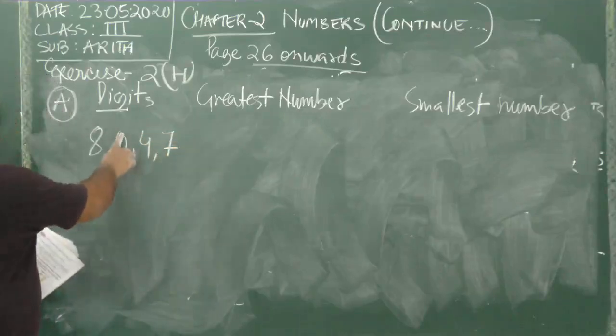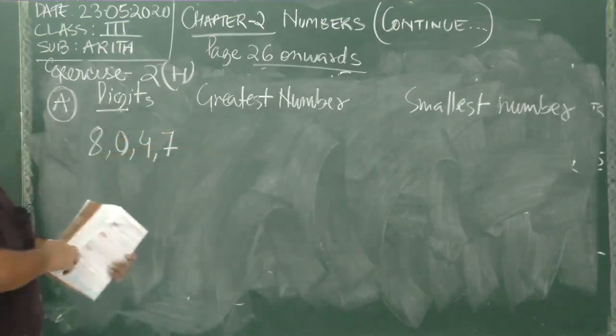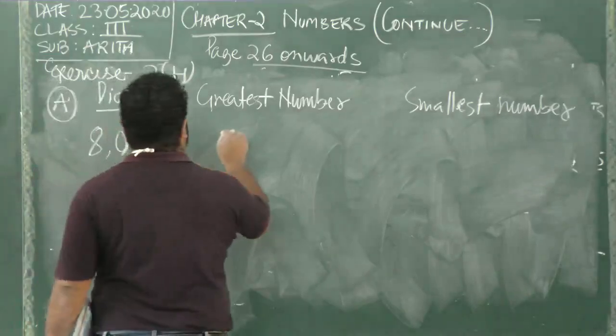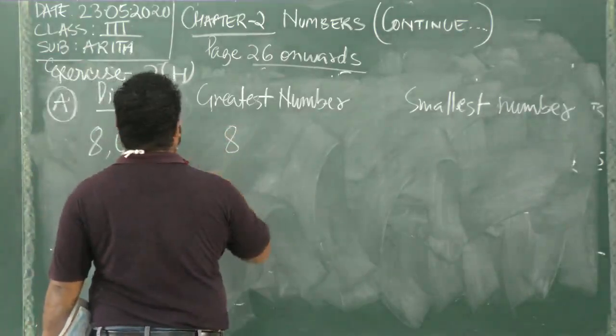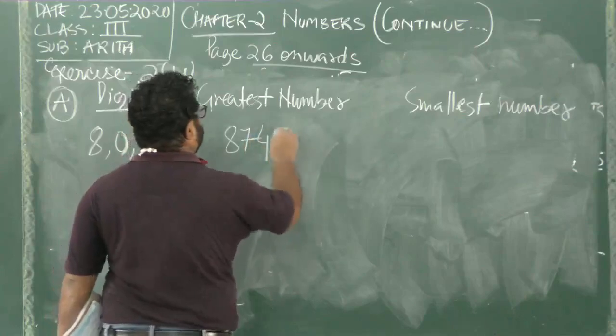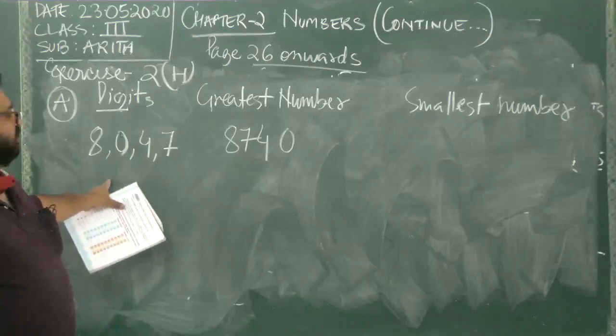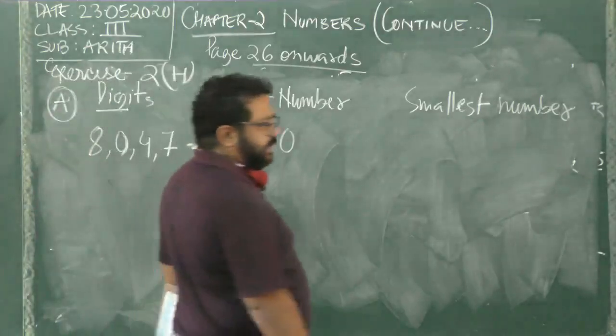So there are these digits given to us. I have to make the greatest number out of this. So I take 8, then I take a 7, then the 4 and a 0. That is my greatest number made from these 4 digits given to me.